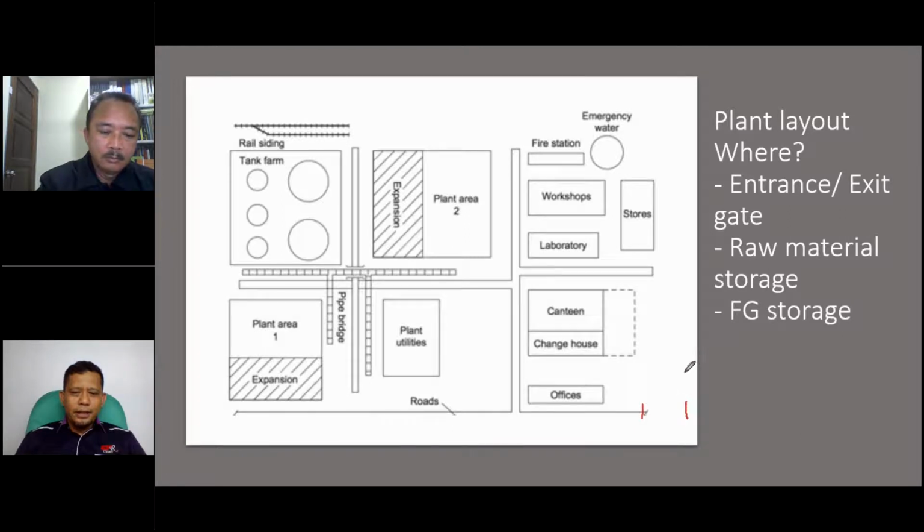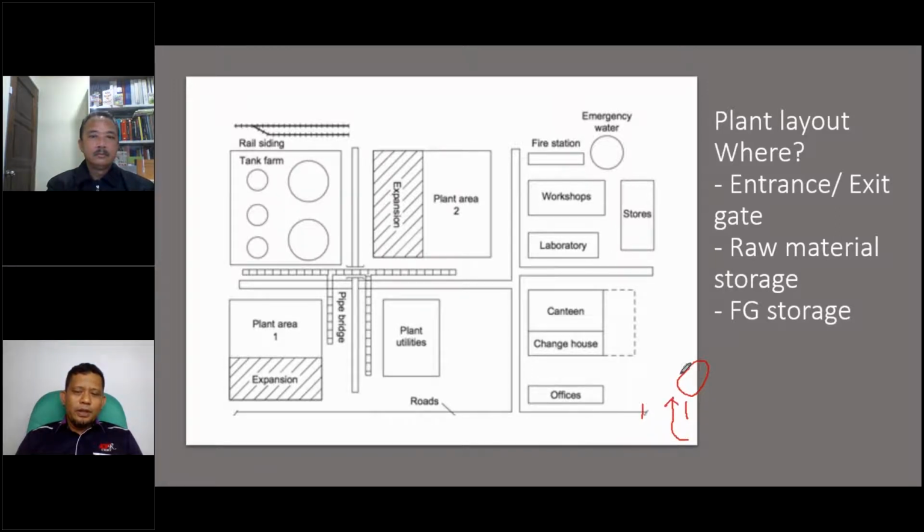There is a security guard right here, and this is the public road. The first question: you want to move the raw material, so the trucks will enter here.